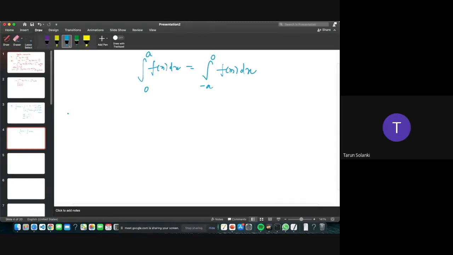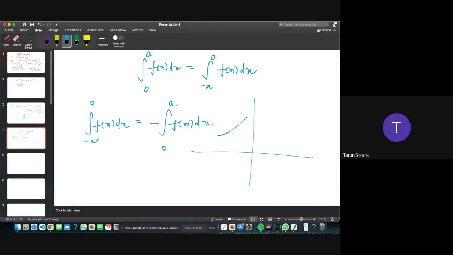So the integral from minus a to 0 of f of x dx is equal to minus the integral from 0 to a of f of x dx. If you talk about the graph, the points are minus a comma 0, and a comma 0.